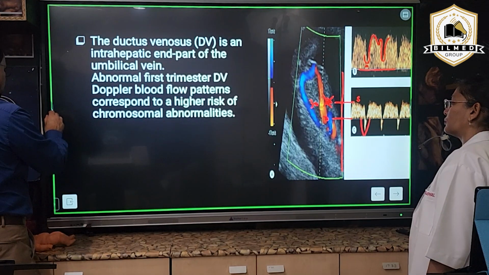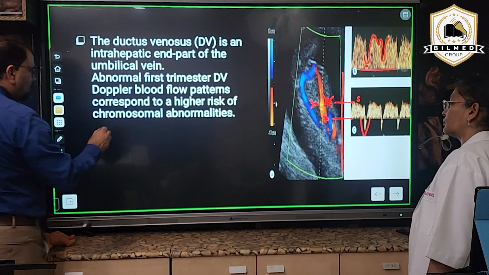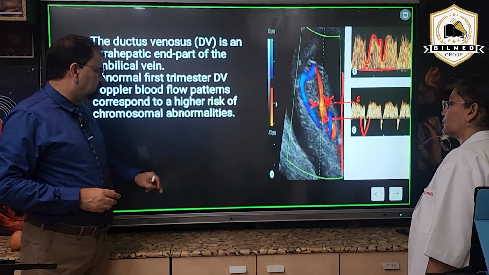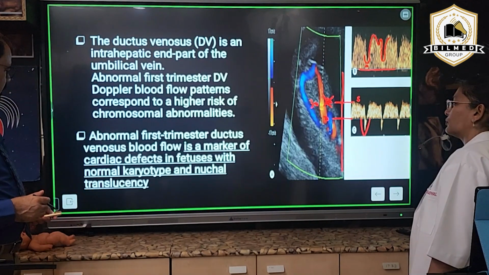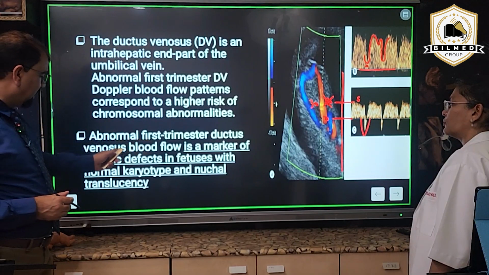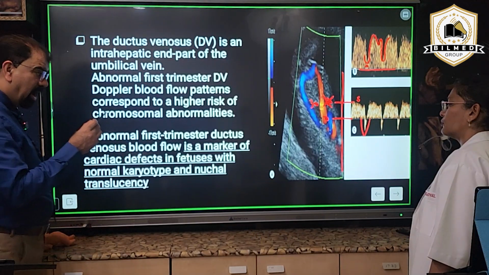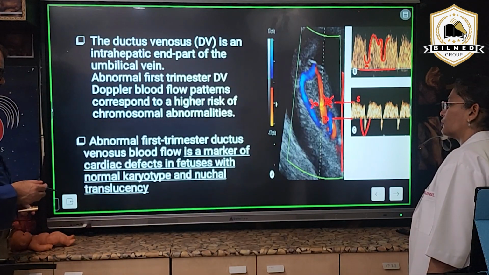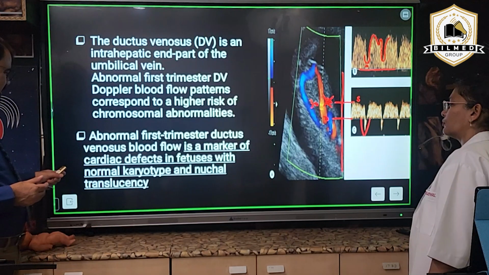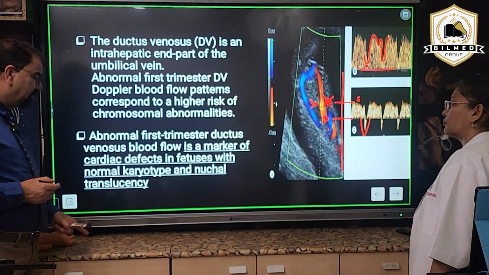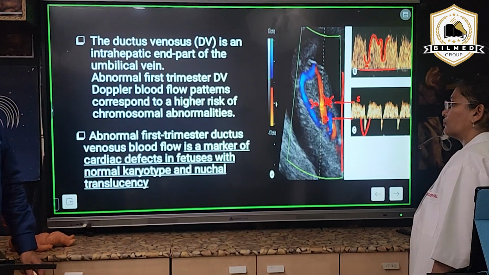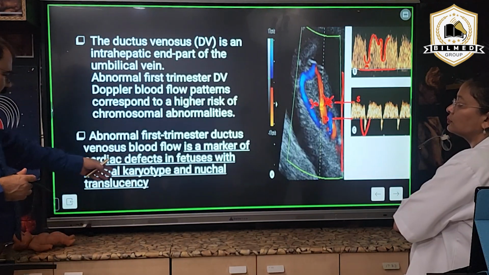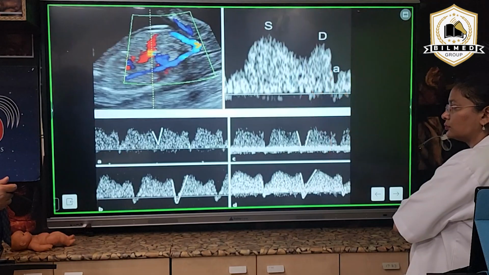Okay. So abnormal first trimester ductus venosus blood flow is a marker, try to understand, a marker of cardiac defects in fetuses with normal karyotype and nuchal translucency. So again, repeating, we are not taking this DV for fetal acidosis, but for this purpose over here.